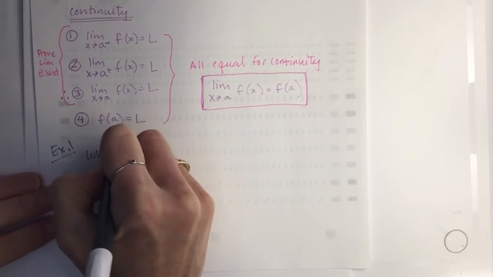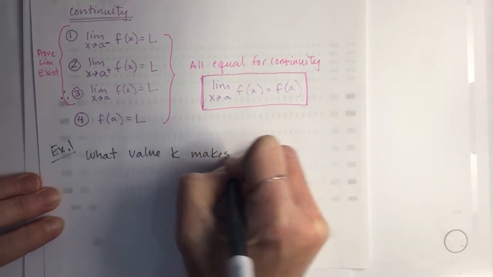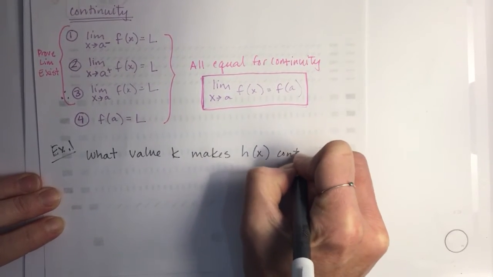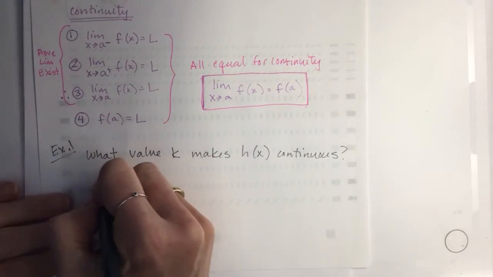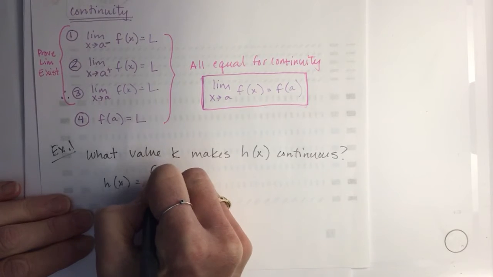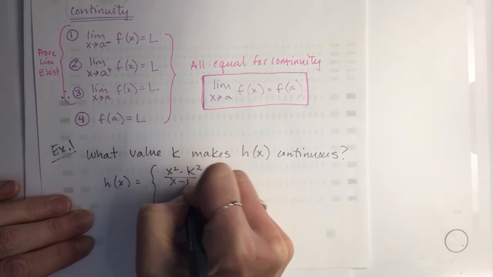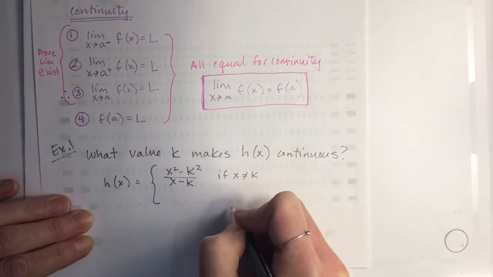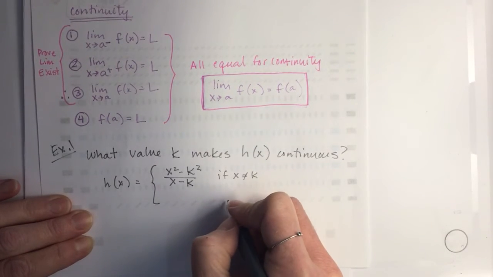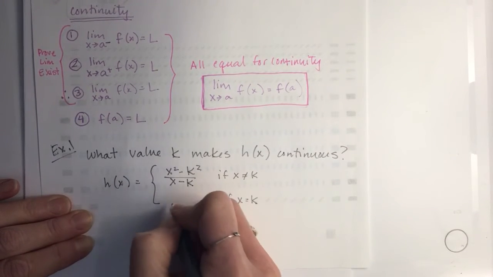Example 1. What value K makes h of x continuous? This might be how the AP tests us. The function is defined one way if x does not equal k, and if x equals k, then our function is equal to 2.